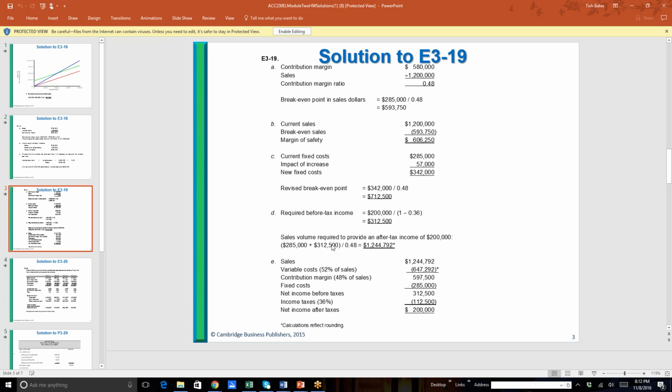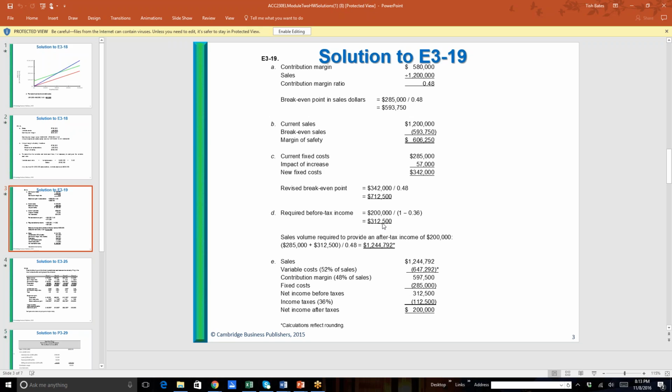Okay. So you can see this 285,000 is actually the break-even point in sales dollars, right? Right. Yes. It's using that calculation. So that's the current fixed cost, that 285,000, plus your 312,500, which is the required before-tax income.